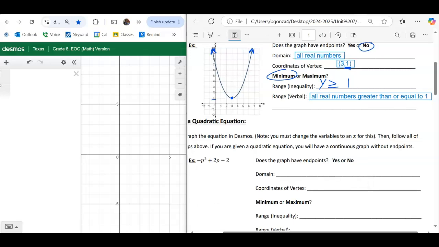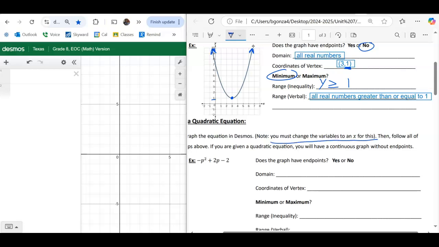So now I want you to notice something. This equation right here has p's in it, right? Can you graph with the letter p? You cannot. You can only graph with the letter x, the variable x. So look right here. It says you must change the variable to x.